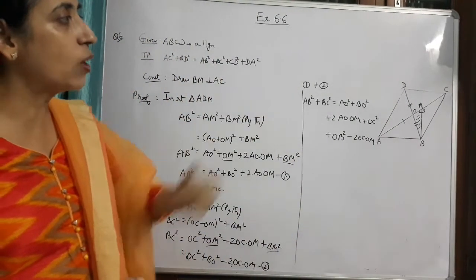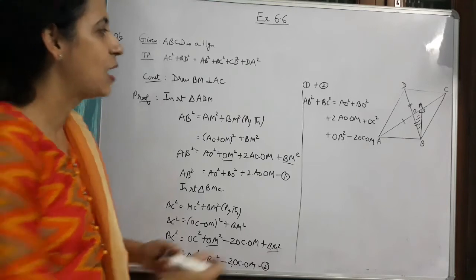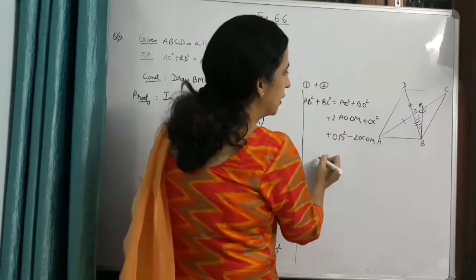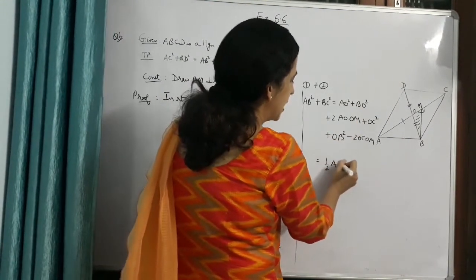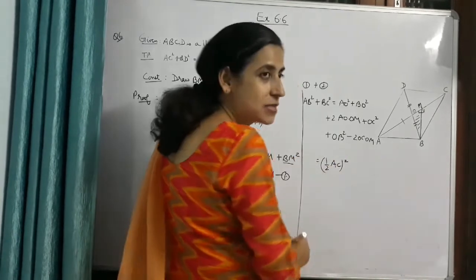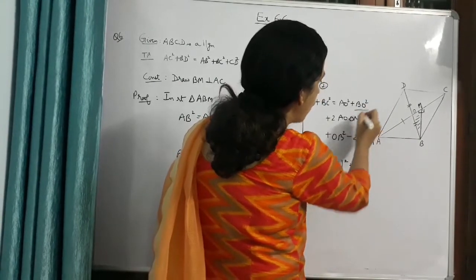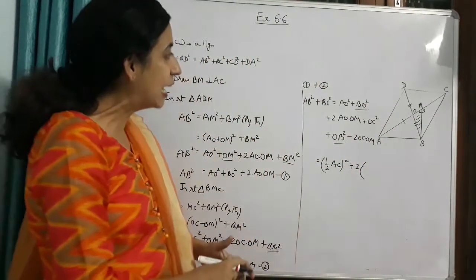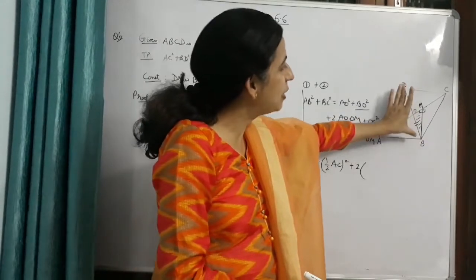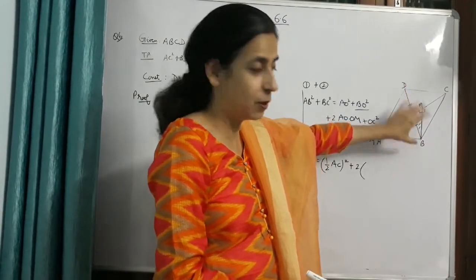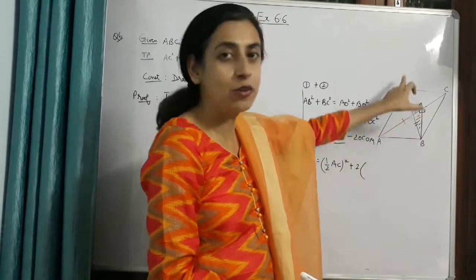Now since O is the midpoint of AC, AO can be written as half of AC. So AO square becomes (half of AC) square, plus BO square plus BO square, which is twice of BO square. Again BO can be written as half of BD because O is the midpoint of BD.